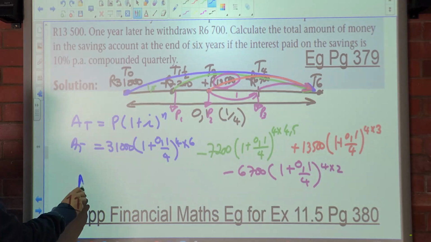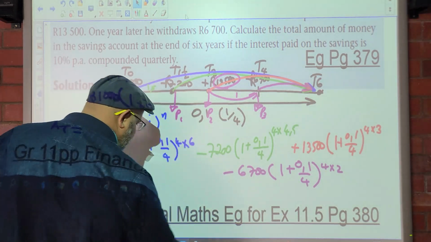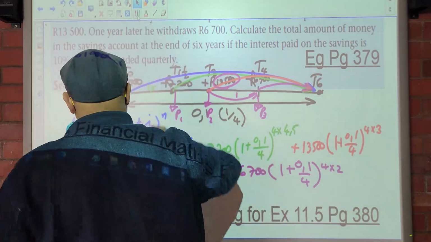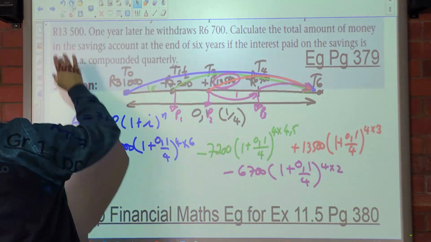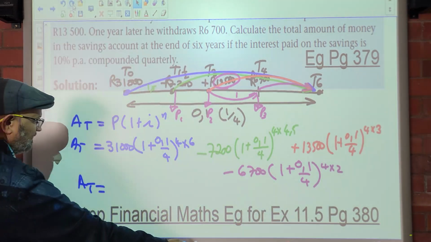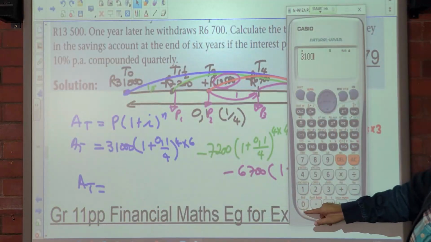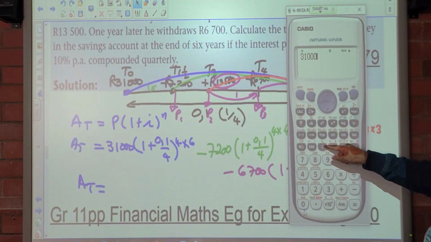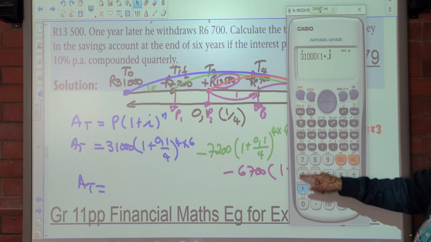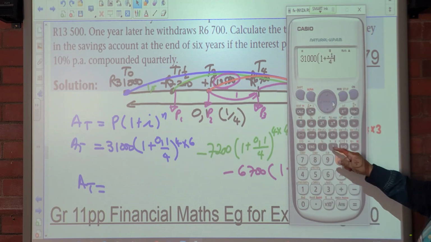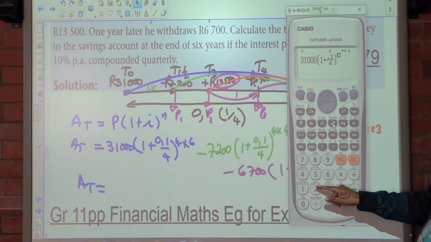Okay? So my A total is going to give us, so let's go. It's 31,000 into 1 plus 0.1 over 4 to the exponent 4 times 6, which is 24.